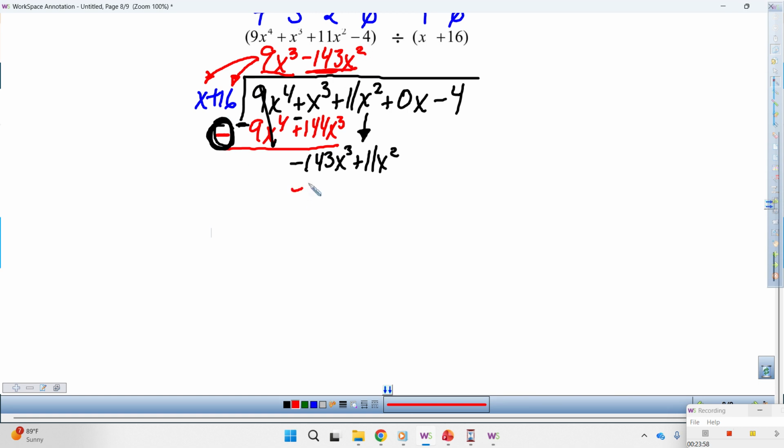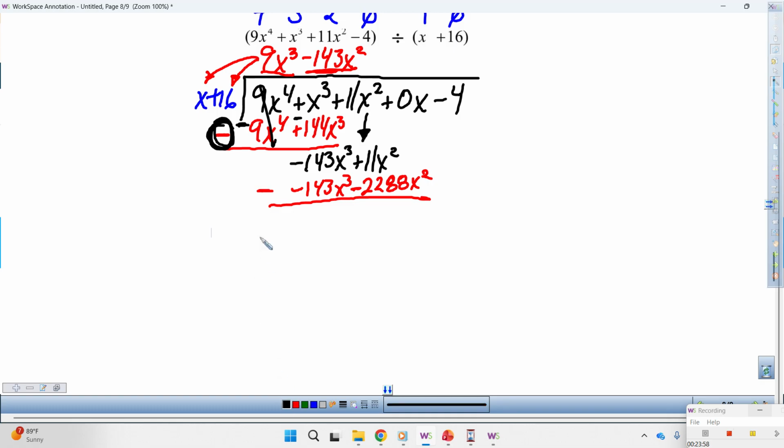Okay, so then that is negative 143x cubed. And negative 143 times 16, let's see, calculators, calculate. What is it? 2,288x squared.